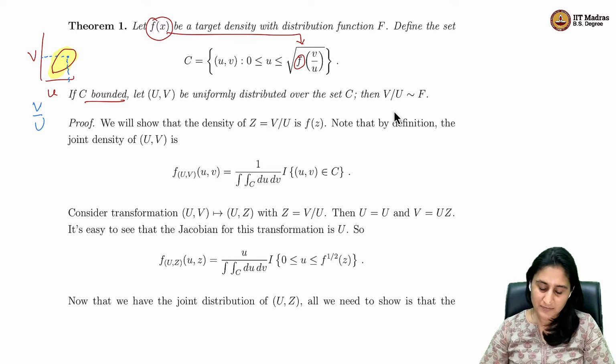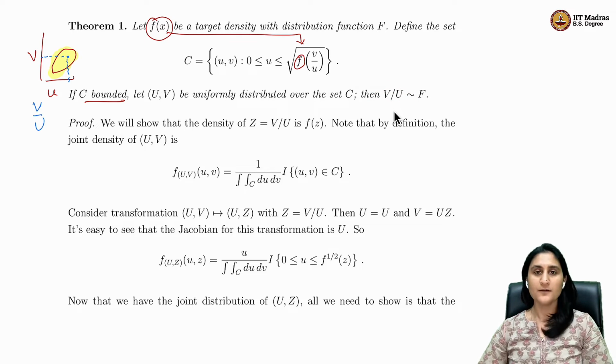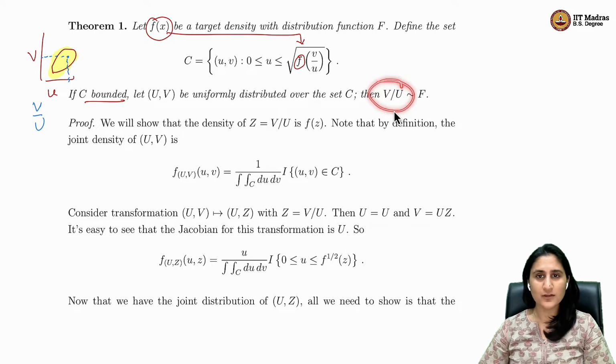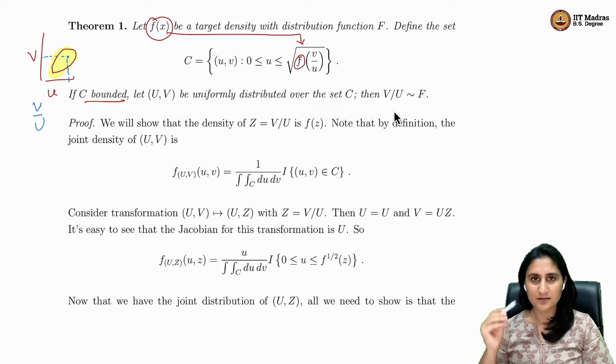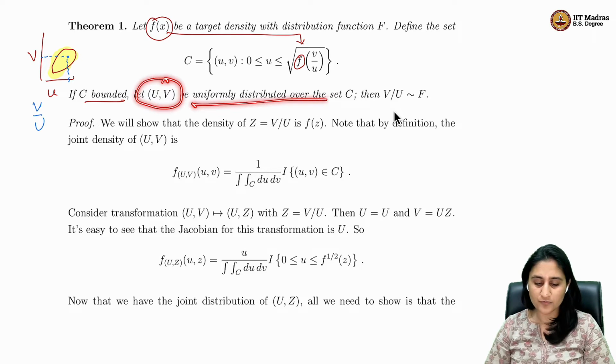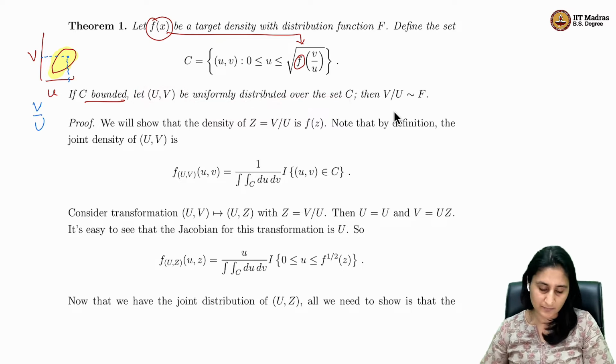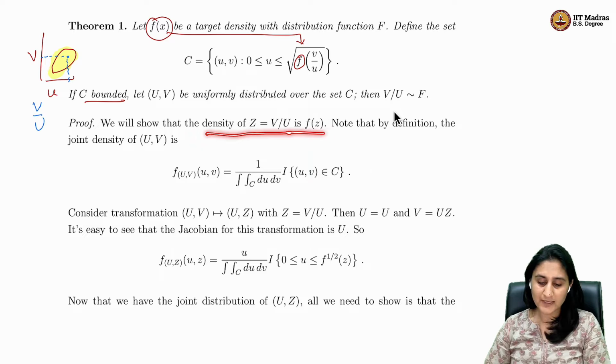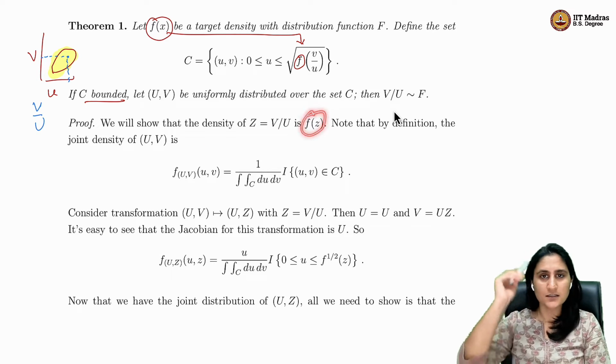What we'll do is we'll look at this object v by u and show that v by u is distributed as f, by considering this mapping v by u from our current mapping of u comma v distributed over the set C. So this is what I mean: we'll show that the density of z equals v by u is f of z, and this f is the same as the target density.